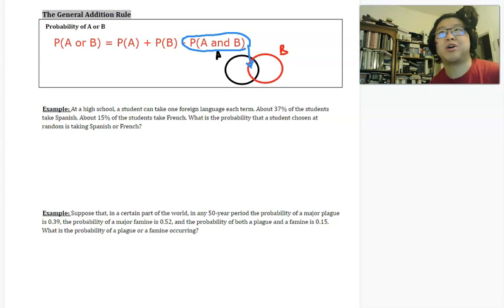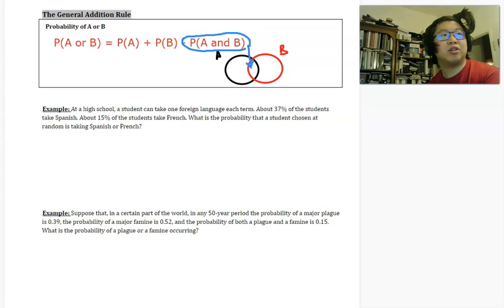So let's take a look at our examples here. At a high school, a student can take one foreign language each term. About 37% of the students take Spanish. About 15% of the students take French. What is the probability that a student at random is taking Spanish or French?